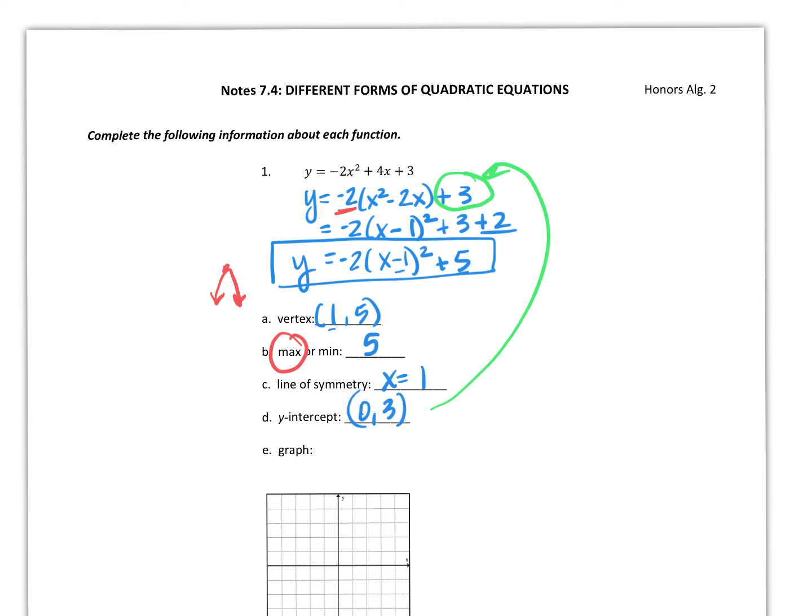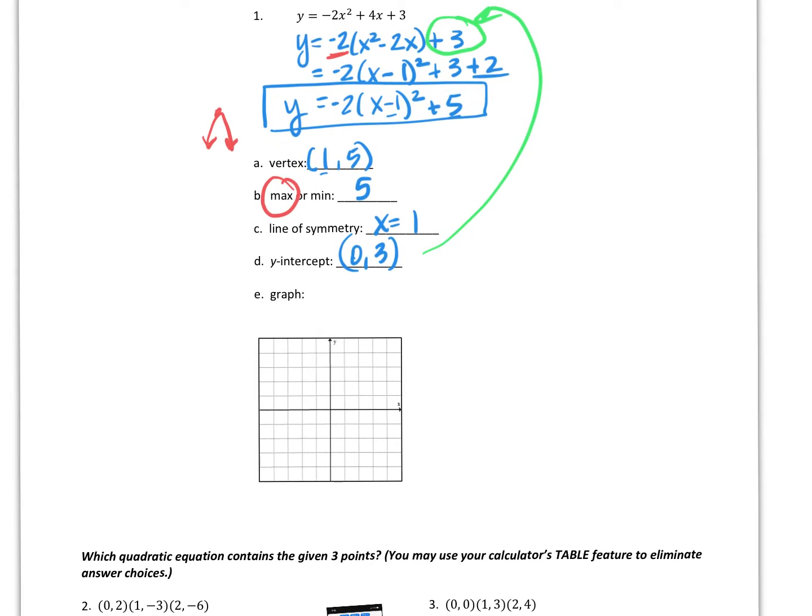Now we can graph. So let's first put in our axis of symmetry. It makes life easier. So at x equals 1, I'm going to put my dotted line in. And my vertex is at 1, 5, so that's way up here. I know it's going to open down. And the slope, if you will, is the 2, but it's opening down. So if I go over 1, down 1, normally, instead of 1, I do 1 times 2 gives me 2.